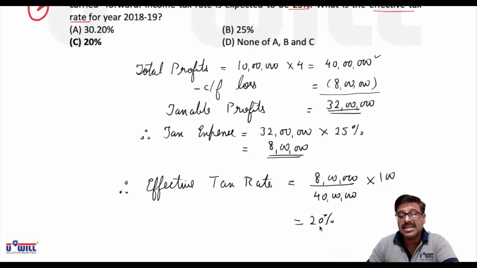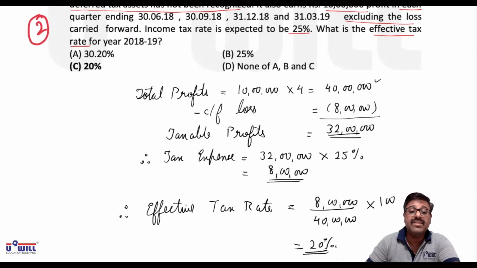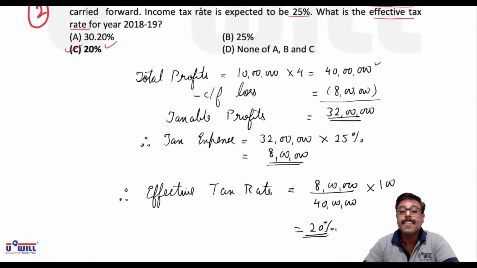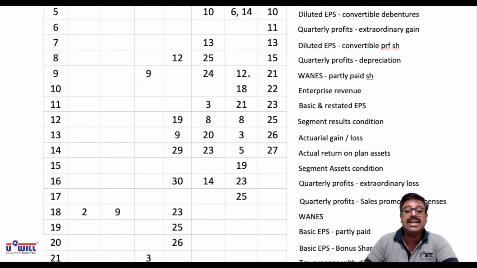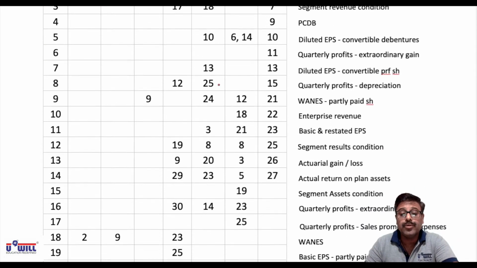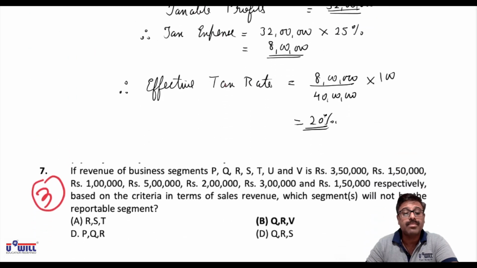So though the tax rate is 25%, because of adjusting the carried forward loss, effective tax rate will come to 20%. Option C is the answer. So similarly, now you can try February 2017's question 11, March 2018's question 17, and March 2019's question 30 on your own. Other than this table, whatever questions are covered in the study material, they all are theoretical and answers are already given. So for them, no discussion is required. You can directly try them on your own.